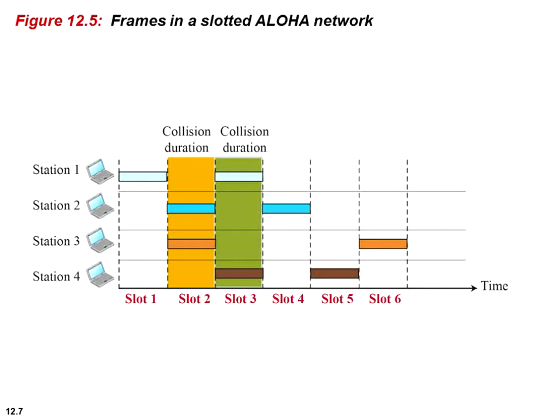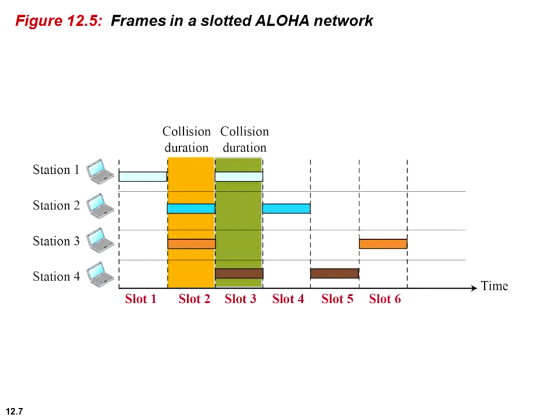So slotted ALOHA was invented to improve the efficiency of pure ALOHA. In slotted ALOHA, we divide the time into slots of TFR seconds and force the station to send only at the beginning of the time slot.